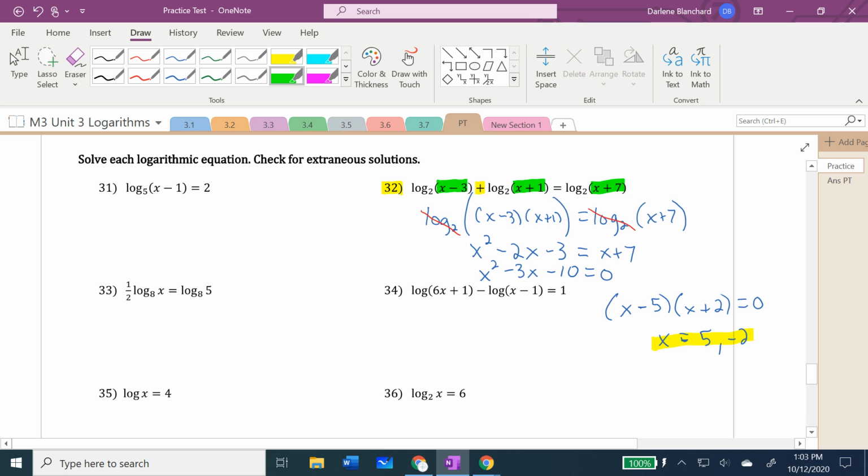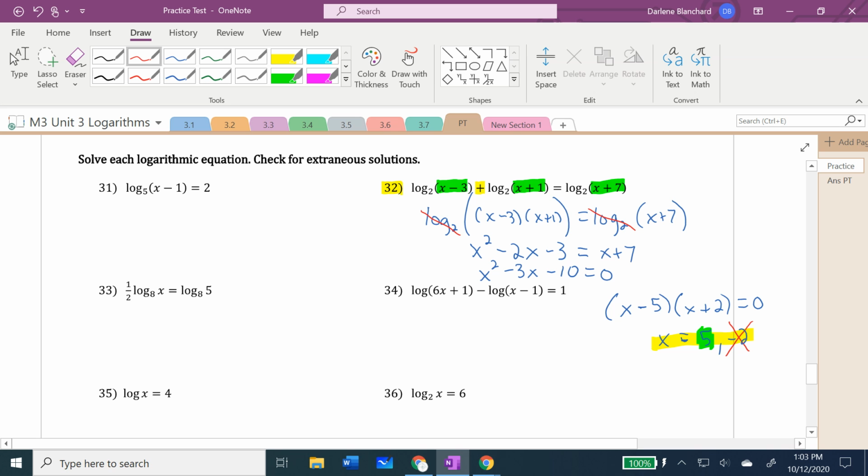In order for x to be a solution, it has to create only positive numbers to go into the logarithm. So I need 5 to make x minus 3 positive. 5 minus 3 is positive, it's good. 5 plus 1 is positive, 5 plus 7 is positive. 5 is an answer. With -2, just x minus 3: -2 minus 3 is a negative number. It is an extraneous solution.